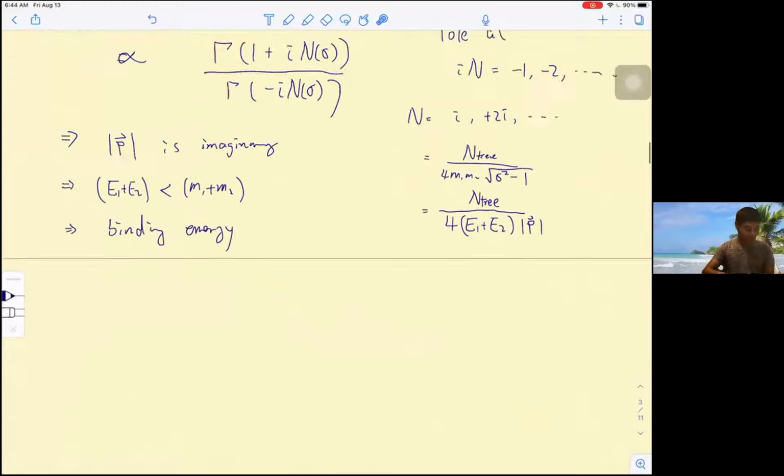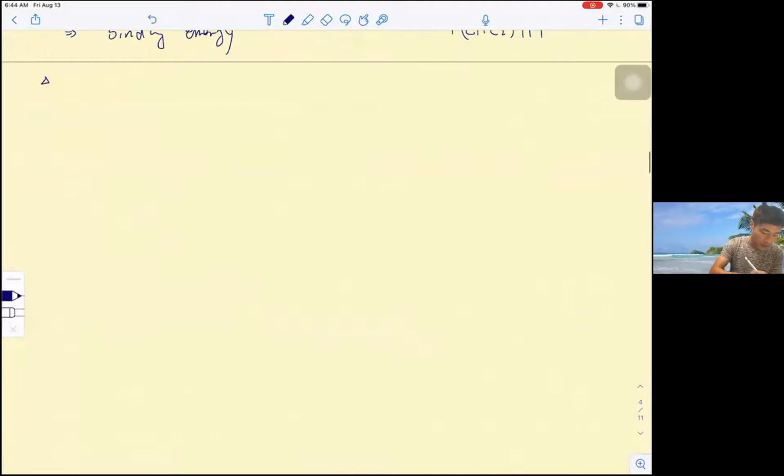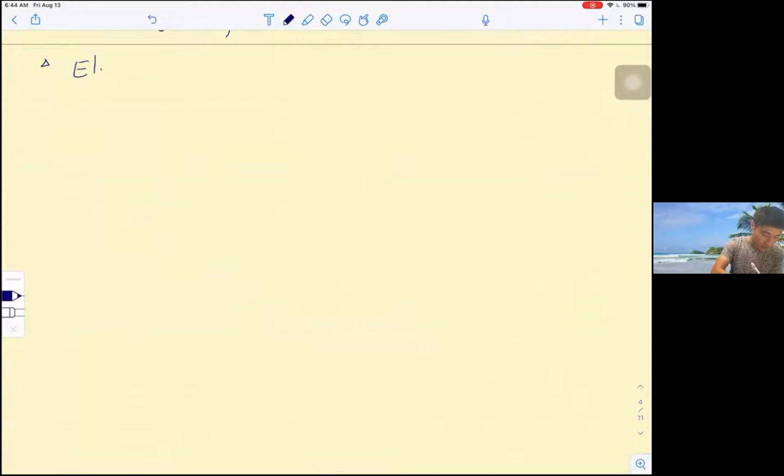So now I'm going to use a different language to describe this exponentiation. I'll use elastic unitarity, namely the fact that the S matrix is unitary.